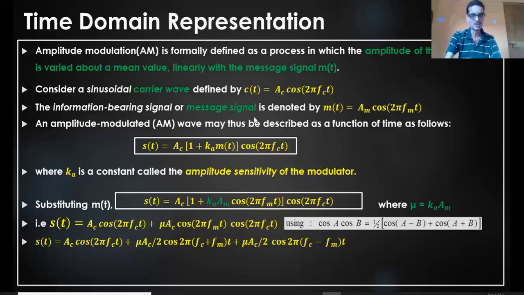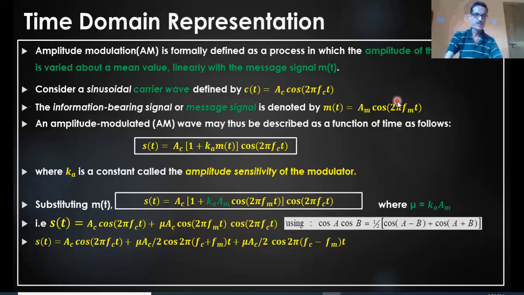Amplitude modulation is the process of changing the amplitude of the carrier signal linearly with respect to the variation in the instantaneous amplitude of the message signal. As the instantaneous amplitude of the message signal changes, we have to change the amplitude of the carrier signal proportionately in the modulator, as I showed earlier in the waveform.